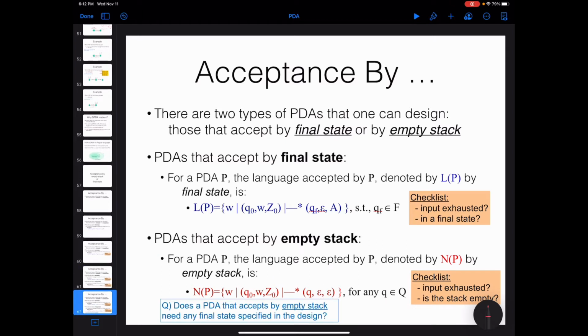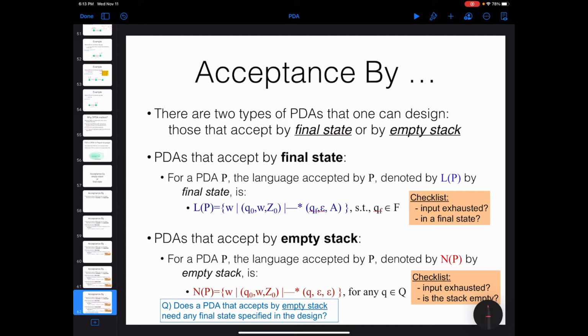Not only do we not need a final state in this type of pushdown automaton, we also don't need different types of states. Only one state is going to be enough if you design your pushdown automaton to accept by empty stack.